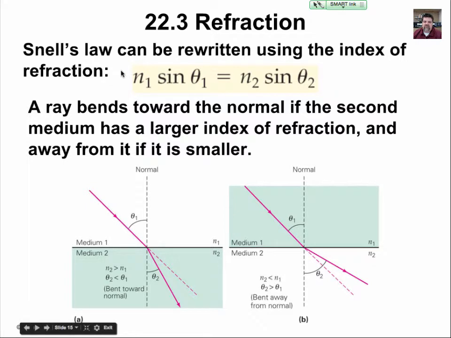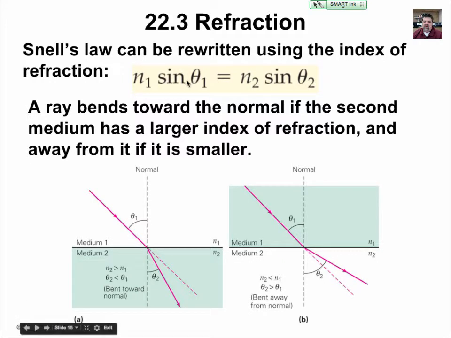So if I take those indices and use Snell's law, one way to rewrite Snell's law is the index of medium 1 times the sine of the angle of incidence through that medium should be equal to the index of medium 2 times the sine of the angle as it goes through the second medium.